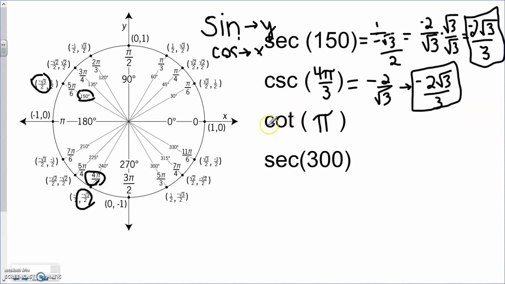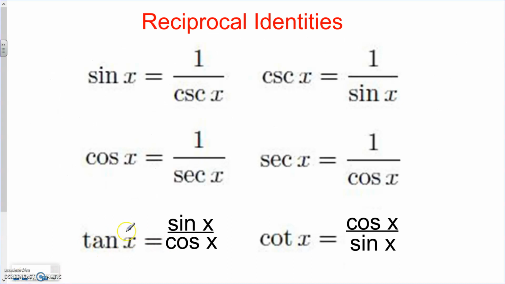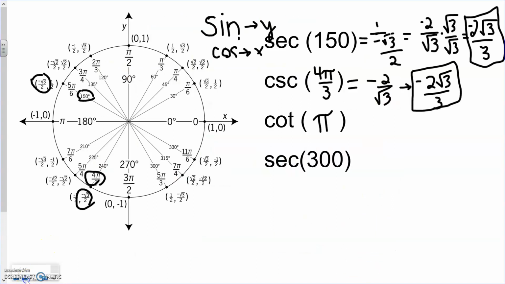Okay. Cotangent of pi. So pi is over here. Cotangent is x over y, right? If you remember when we did the unit circle, tan was sine over cosine or y over x. So that means the cotangent is going to be x over your y or cosine over your sine.